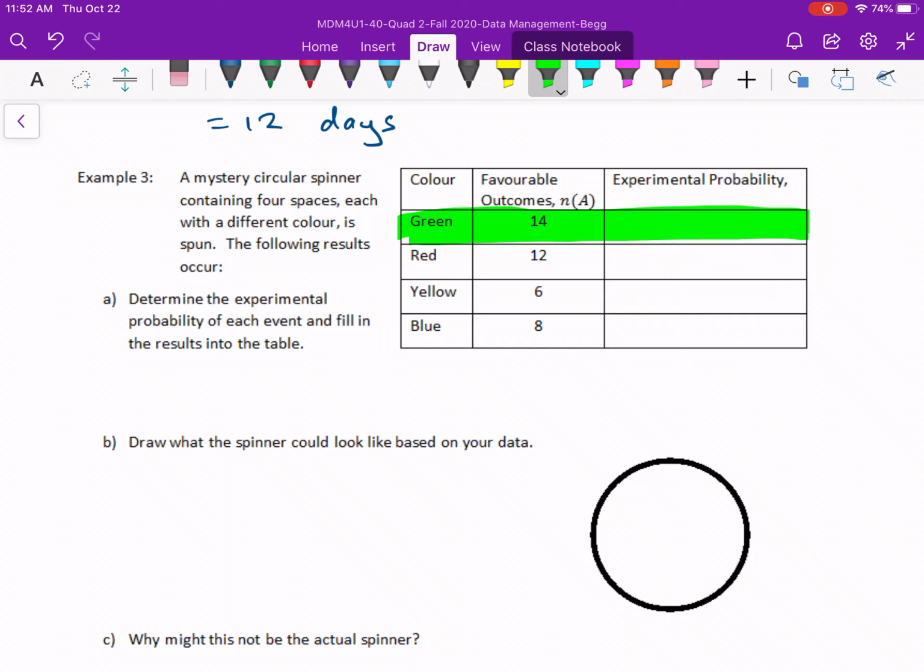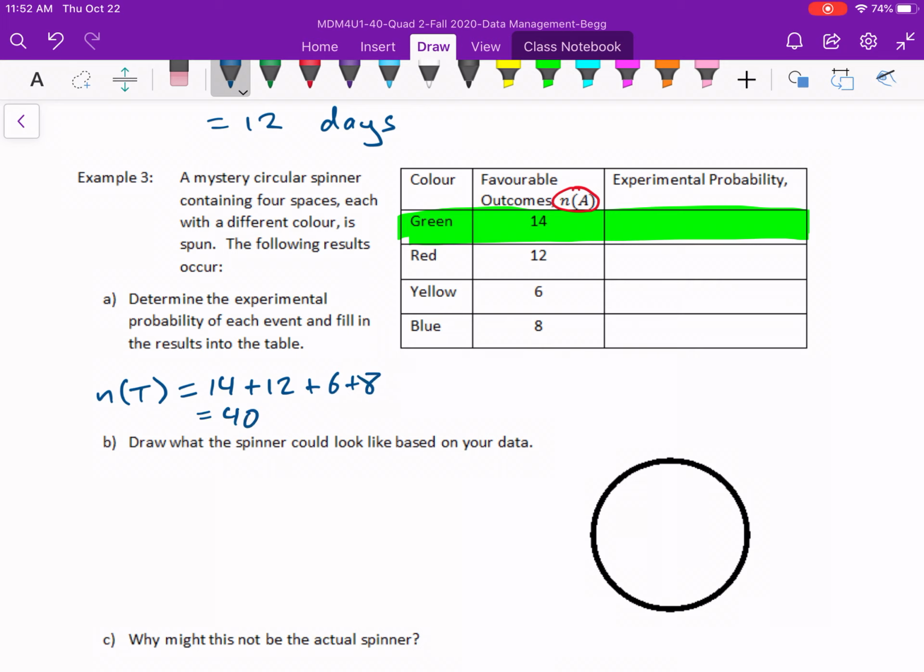So if we consider, well, it even tells us up here that the favorable outcomes, this column in the middle, is the favorable outcomes. It's N of A, so we got 14 green. We need to know what N of T is, though, don't we? We need to know the total number of experiments. Well, that's just, if we add them all up, 14 plus 12 plus 6 plus 8, that ends up equaling 40.